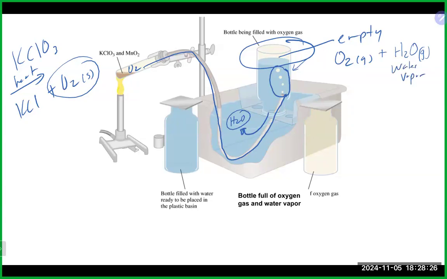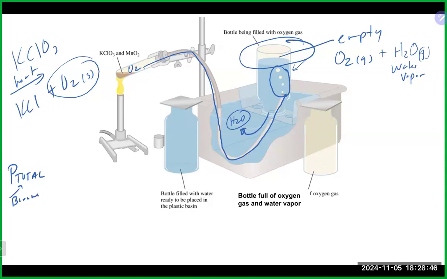Now, the problem with that is you're probably not interested at all in the water vapor. You're really just interested, say, in the oxygen gas, or if you're collecting hydrogen, the hydrogen gas, whatever gas you're collecting.